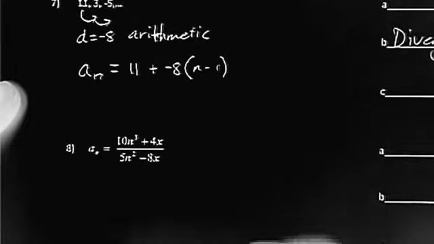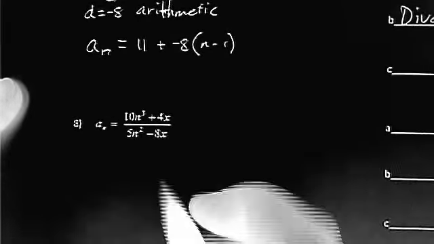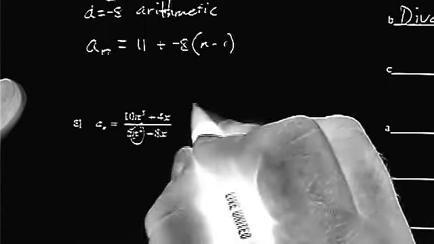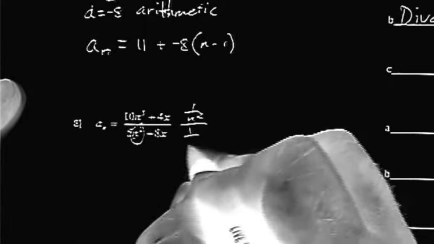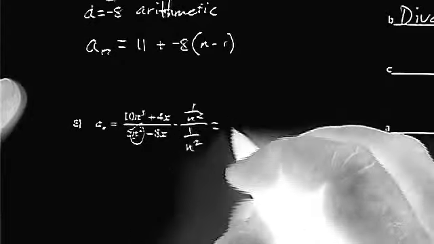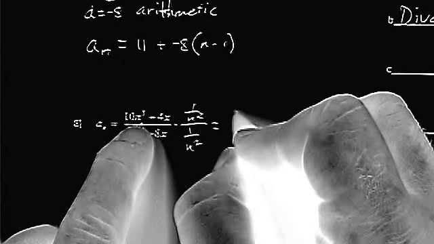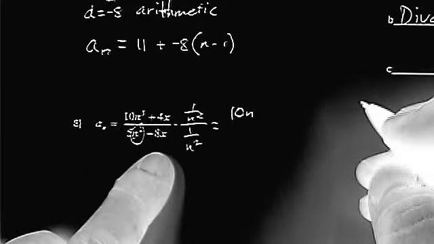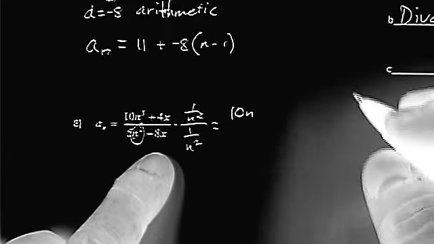Now, the largest power of n in the bottom there is n squared. Okay, when you go through and divide everything by that, so 1 over n squared, 1 over n squared, what we end up doing is we get 10n. Why are there x's and n's in the same problem? That's really confusing.